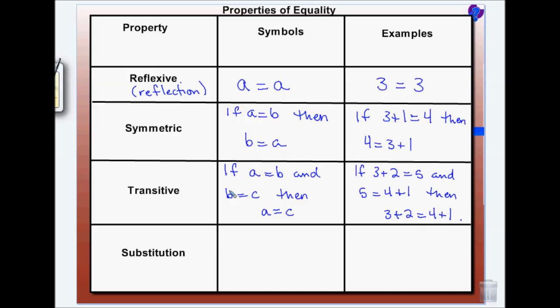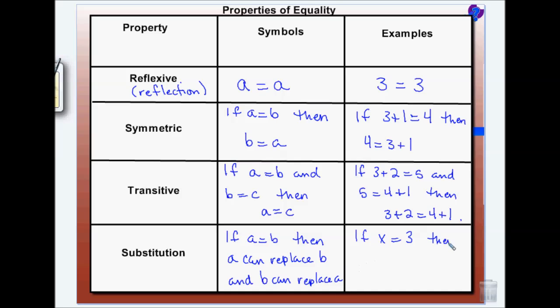Substitution, and substitution is if A equals B, then A can replace B, and B can replace A. So, for example, if x is equal to 3, then I can take 2x and I can say that's 2 times 3, which would be 6.